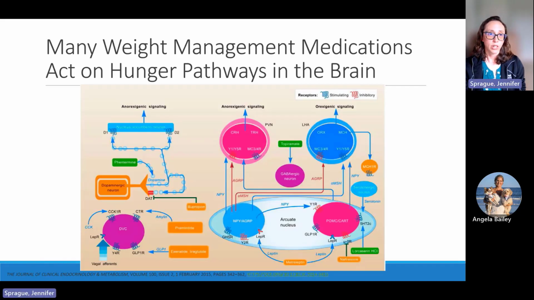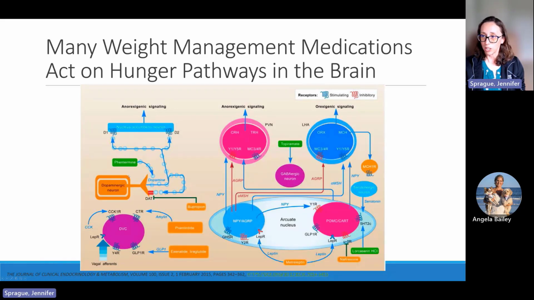Okay, so now let's think a little bit about medication. So this is a different version of that neuroendocrine signaling in the brain, where we've labeled some of the medication interactions. So GLP-1s we're going to talk about. These are signaling on the similar neurons to the leptin receptor, so these are going to be anorexigenic.